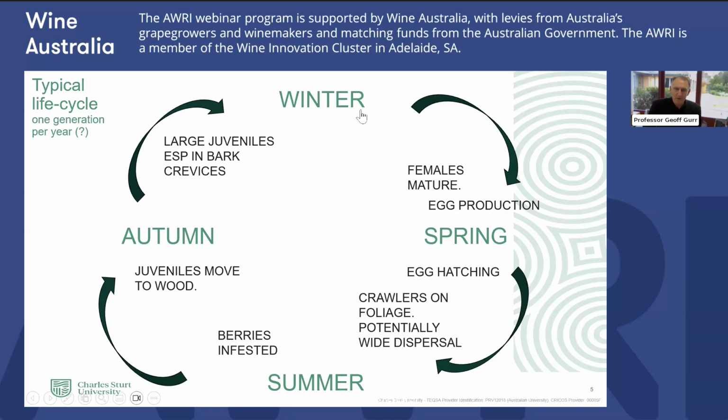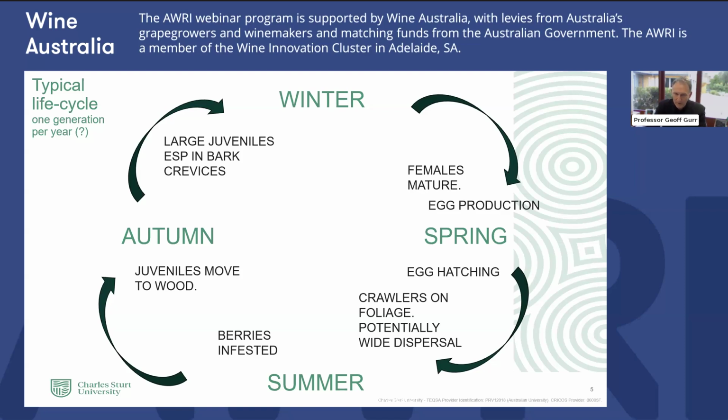Following the winter where we are now, the females will mature and start to produce eggs. And then as conditions start to warm up in the spring, the eggs, which had been held underneath the body, underneath the protective scale of the female, will start to hatch. And those young crawlers that I described previously, they'll start to disperse on the foliage, and they can also be dispersed by wind.